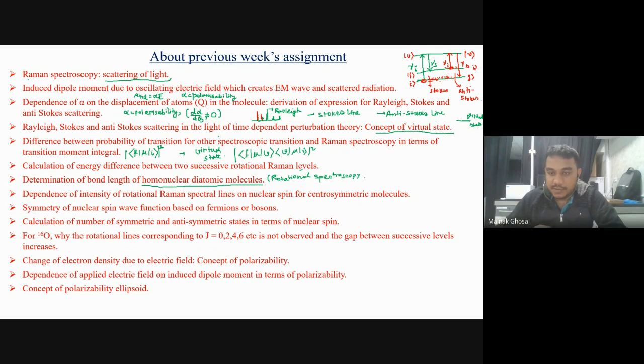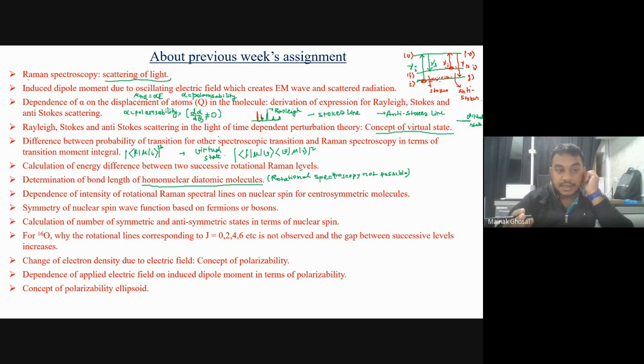For a homonuclear diatomic molecule this condition is not satisfied because it will not have any dipole moment. But Raman is not dealing with the dipole moment; it is only interested in the change of polarizability. So rotational Raman spectra will be observed for a homonuclear diatomic molecule. From that, if you can calculate B, then you will be able to calculate the bond length.